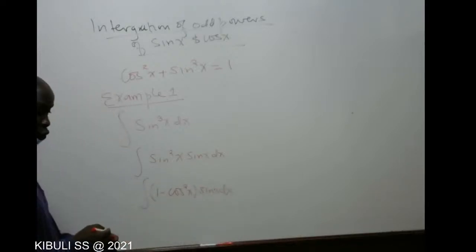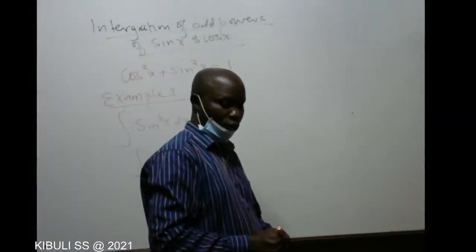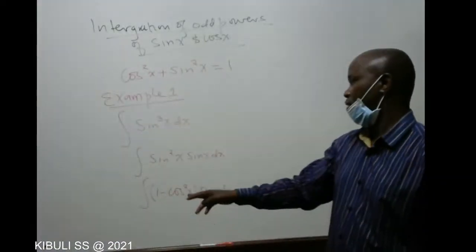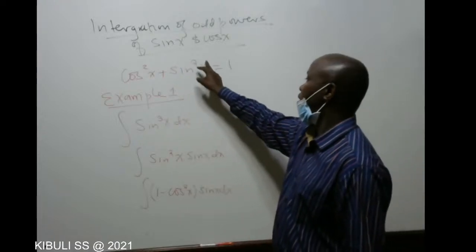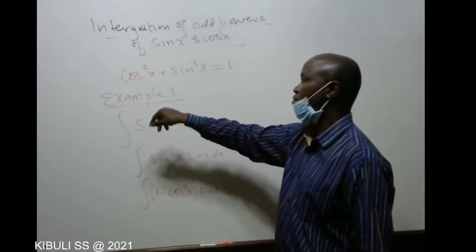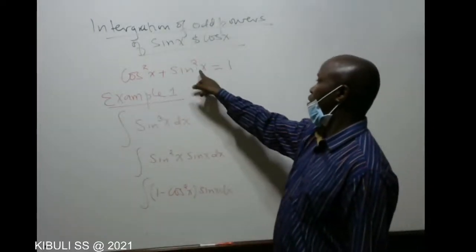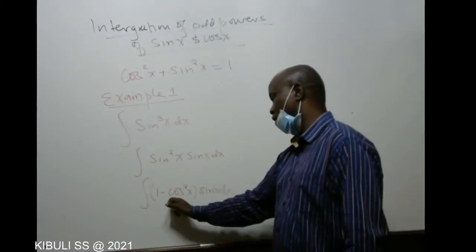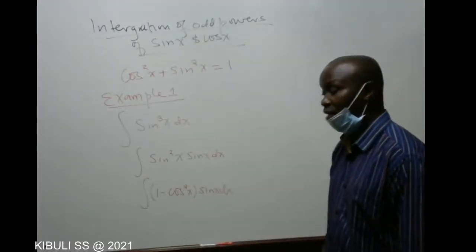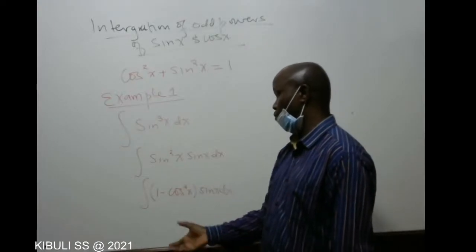We are substituting for only sin squared x here, using the first identity. Make it the subject. It is going to be 1 minus cos squared x, which is Pythagoras theorem, and this is the Pythagoras I was referring to.